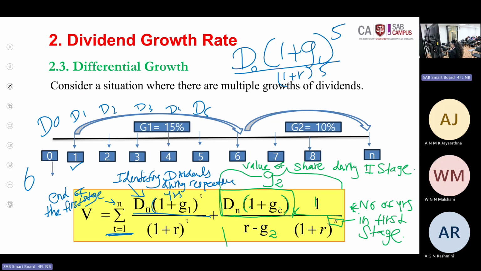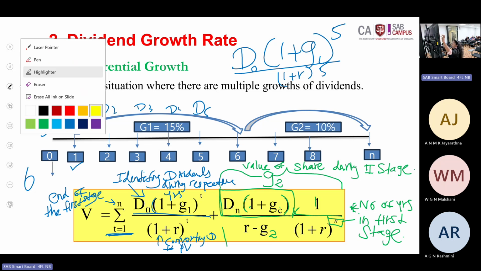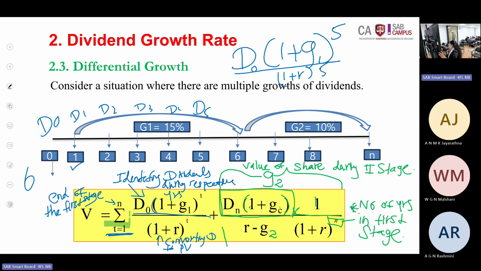Divided by 1 plus r to the power n means converting dividends to present values, to the PV, and then take the sum of it, right? Take the summation as stage number 1.